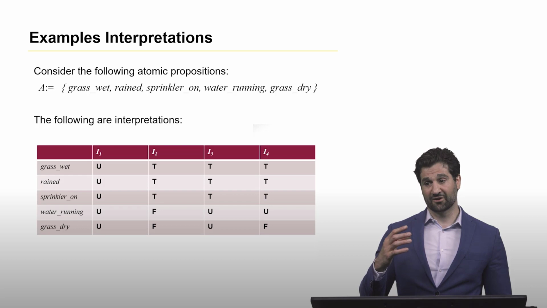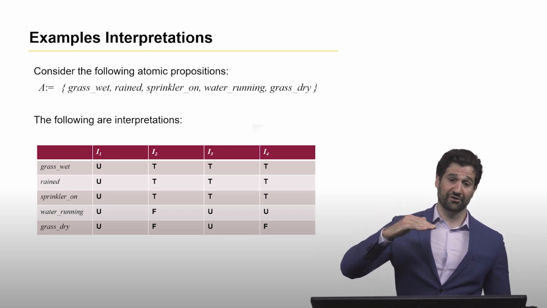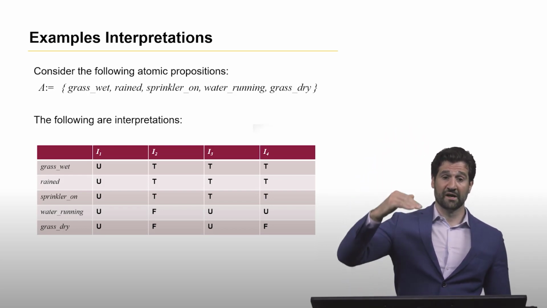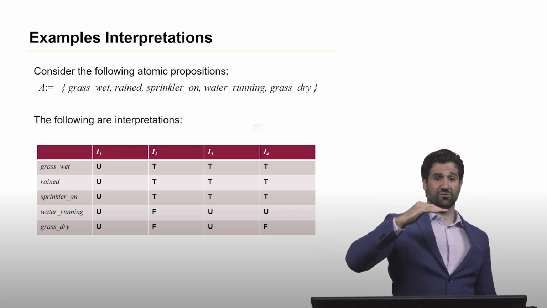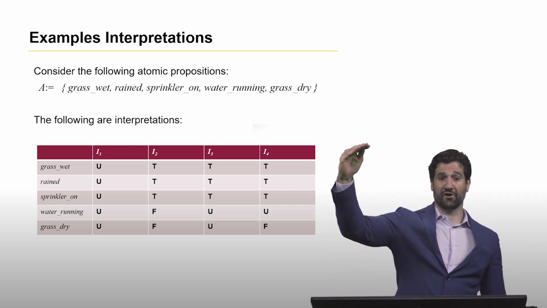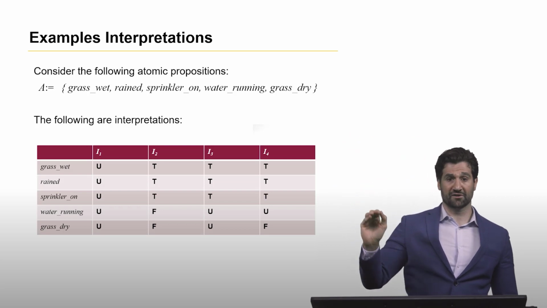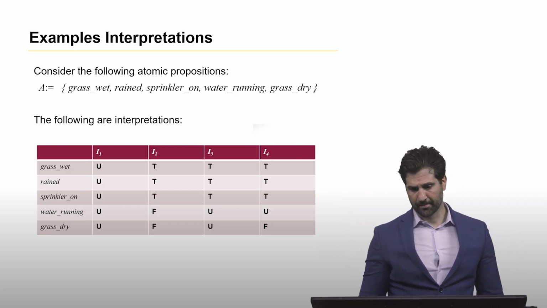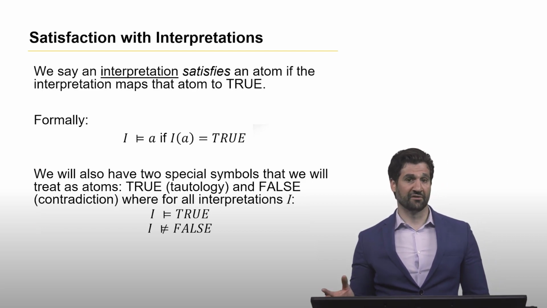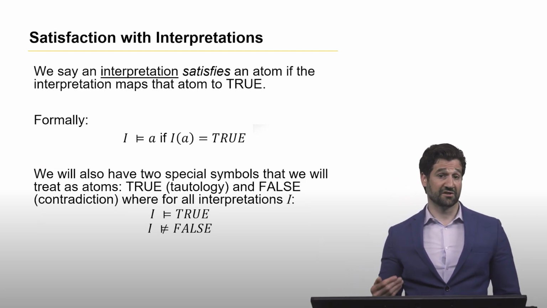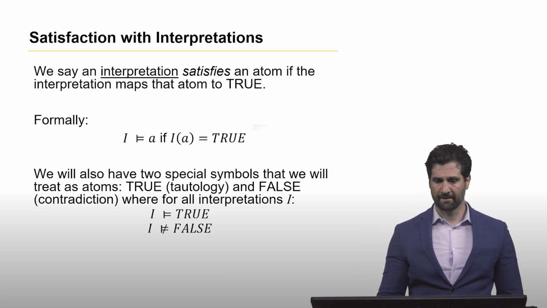So rather than in closed world where everything is false and becoming more true, here everything is uncertain, and it either becomes more true or it becomes more false, but true and false are not directly comparable. And so we had this notion of interpretation satisfying atoms.